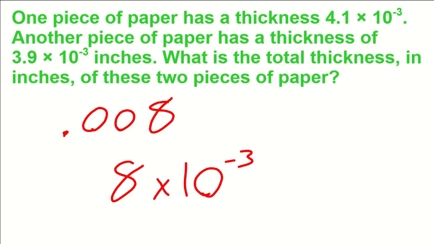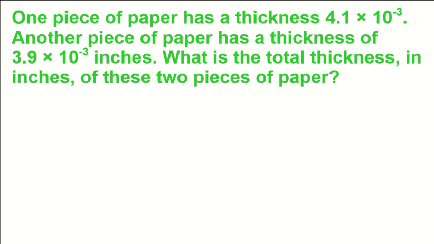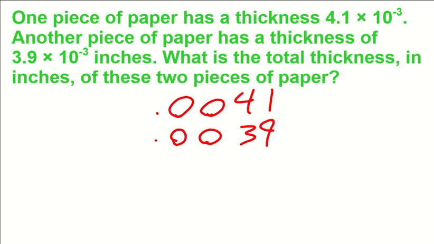When you do addition or subtraction, y'all use Desmos on this one, so you didn't have to really work it out. You just put it in as scientific notation. If we were working this out on our own, what you would have to do is change them into standard notation. So we'd have to do 0.0041 and 0.0039.